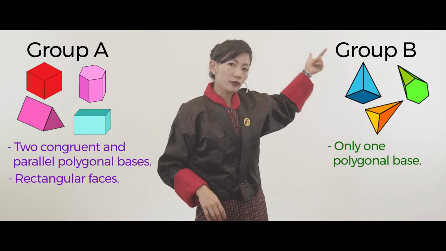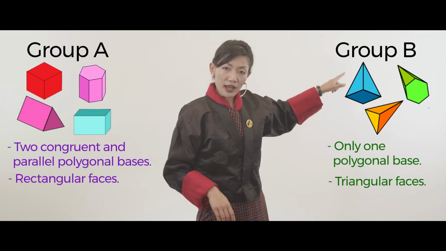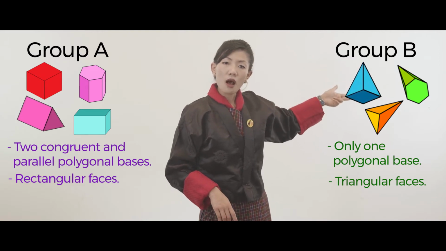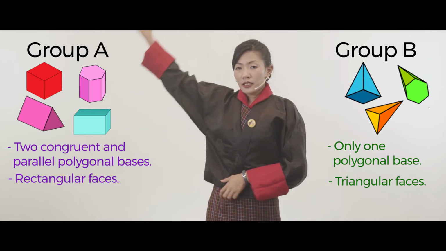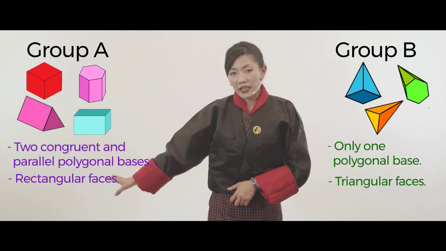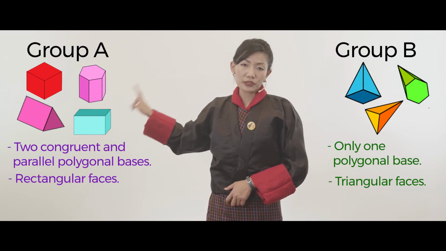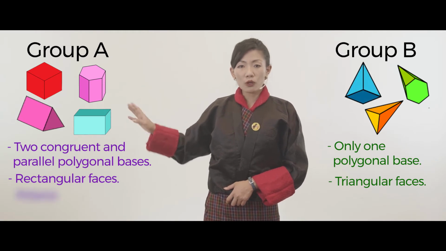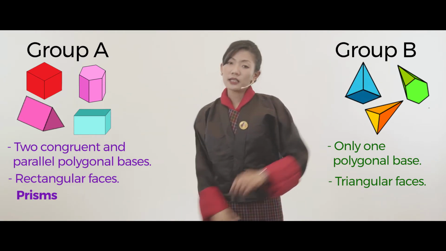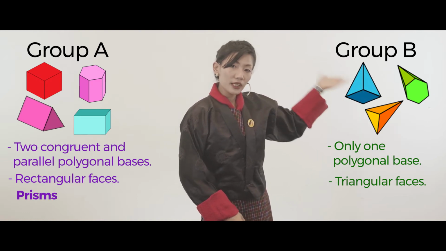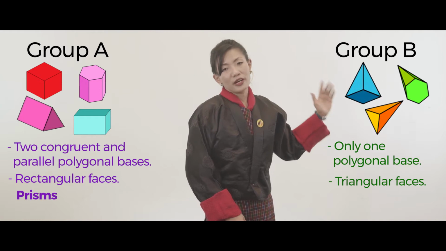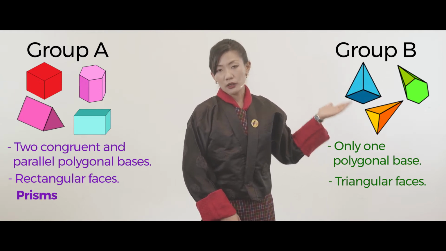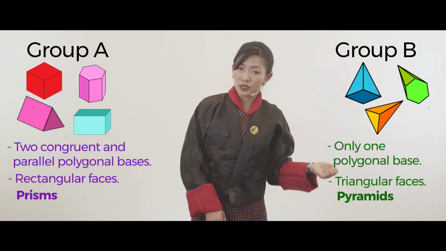And here in group B, the shapes have triangular faces, okay? Now, the shapes in group A that have two congruent parallel bases are called prisms. The shapes in group B that have only one base and triangular faces are called pyramids.